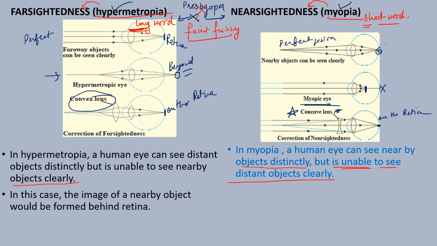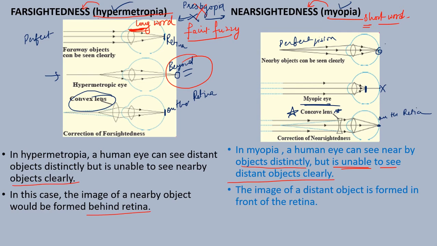Now, in case of hypermetropia, the image of a nearby object would be formed behind the retina, as you see here. All right. In case of myopia, the image of a distant object is formed in front of the retina, as you can see here, in front of the retina.